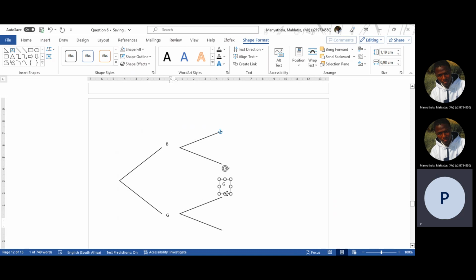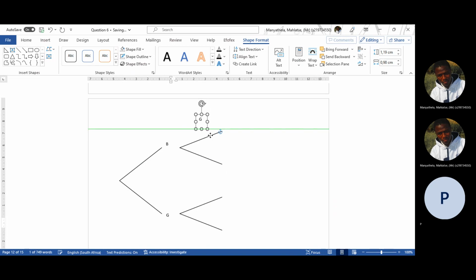So it continues to say the blue bucket contains 5 white balls and 3 red balls. Meaning here, for the white balls, it contains 5 white balls and 3 red balls.